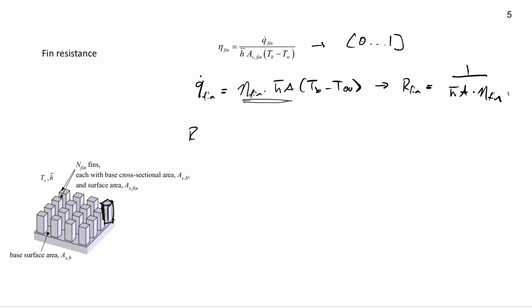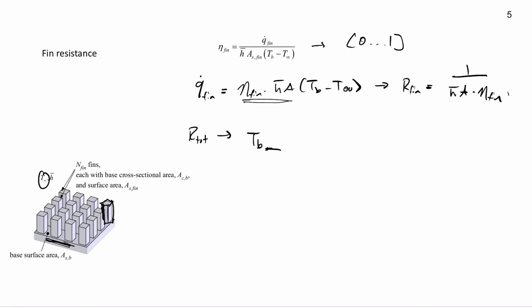So our total is going to be, so maybe it would help to draw a diagram. So let's say we have TB here. This is our base temperature. And heat's trying to get from the base down here out to the surroundings at what we call T infinity, right? T infinity here. So it's trying to get out. What are the different ways that heat can flow?